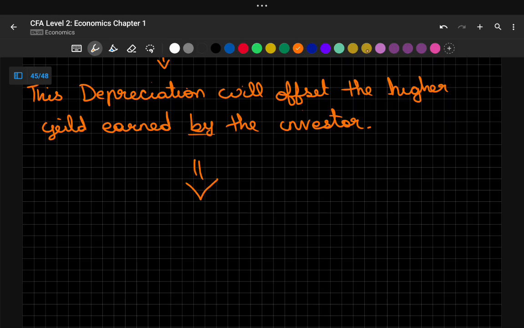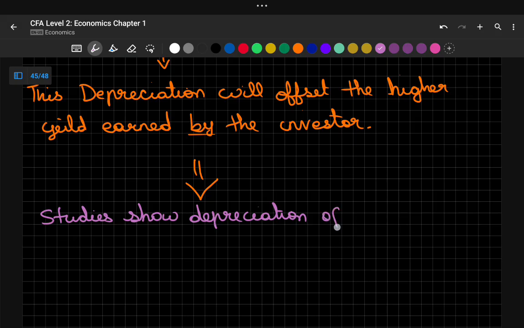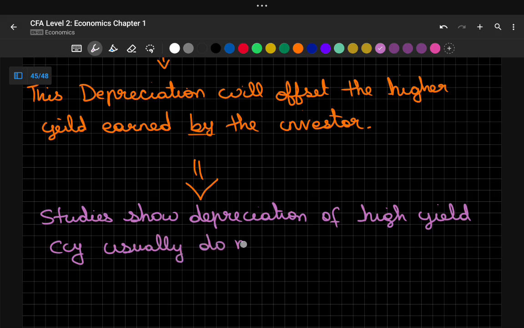Studies show that depreciation of high yield currency usually does not occur in short or medium term.